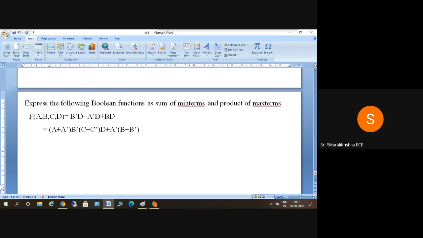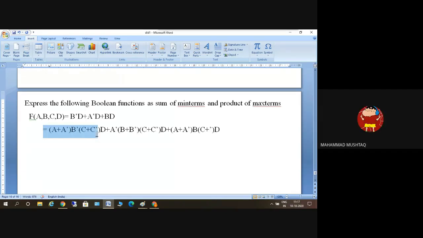Don't get confused. Simplify each and every term, so you'll understand it. So C plus C bar into D, plus there is no A term here, so A plus A bar, and we have the B term, and there is no C term here, so C plus C bar, into B. So simplify each and every one.